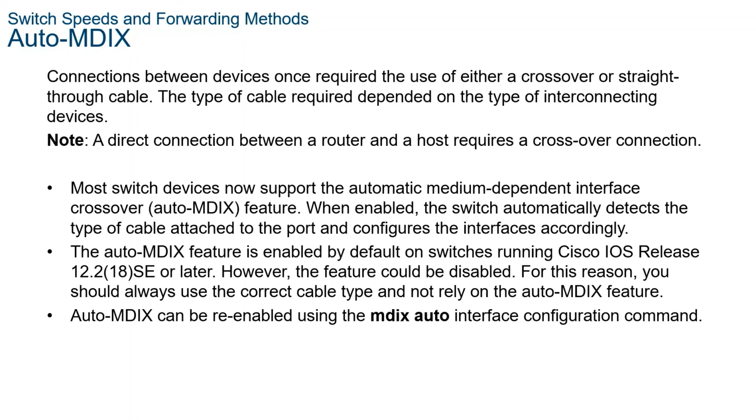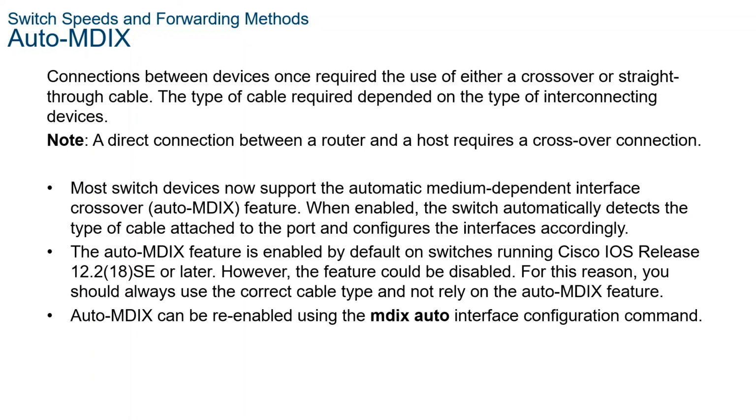A crossover cable is used when interconnecting like devices, such as router to router or PC to PC. A straight-through cable is used for connecting unlike devices, such as router to switch or switch to host.